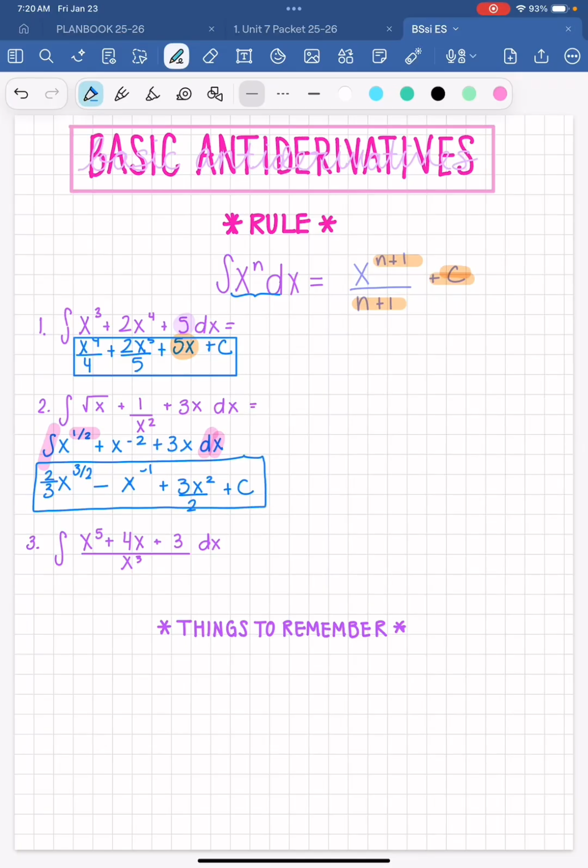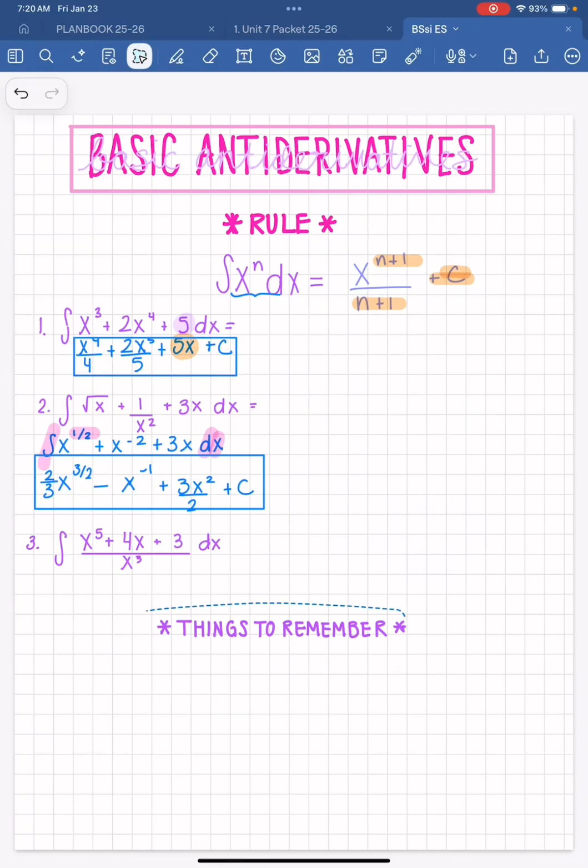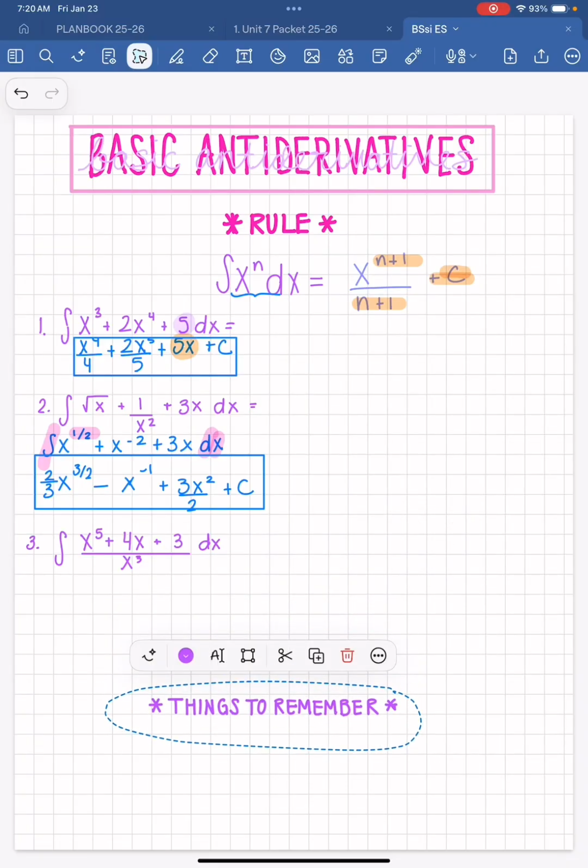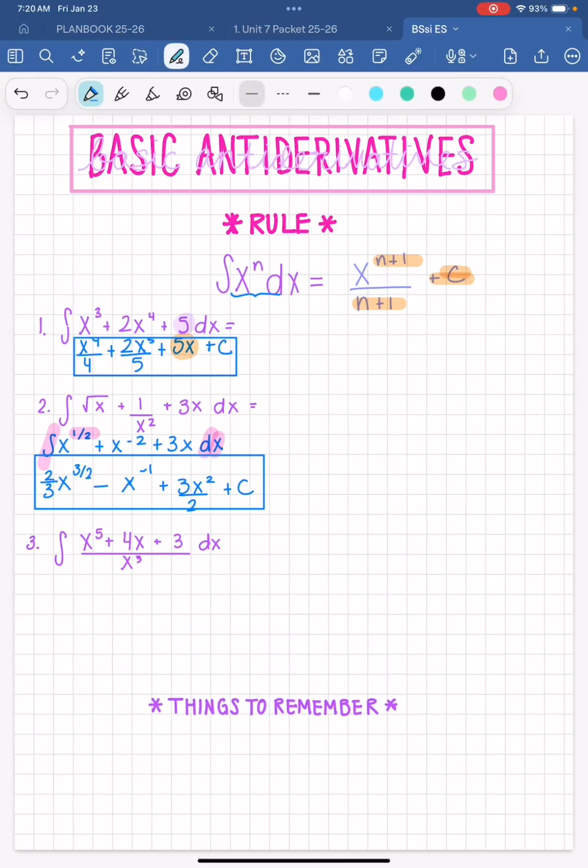Easy peasy. And then last but not least, example 3, and then we'll chat about some things to remember. Whenever you have something that looks like this, multiple terms on top separated by addition and subtraction and 1 term on the bottom, I like to call it the heart method in my class. So I'm going to break it up and give every term in the numerator the same denominator.